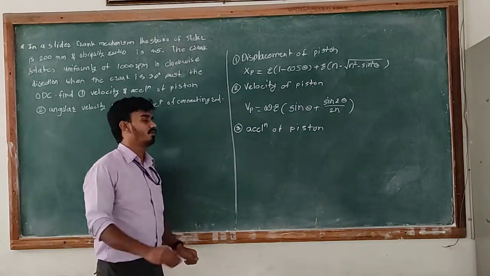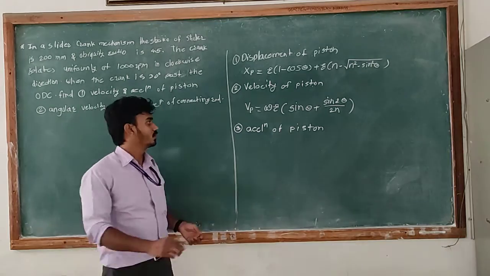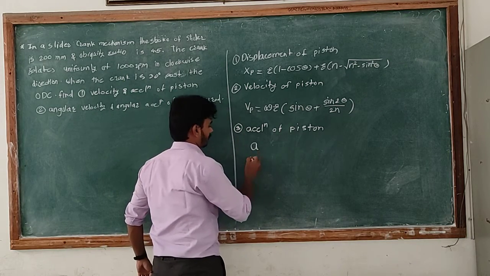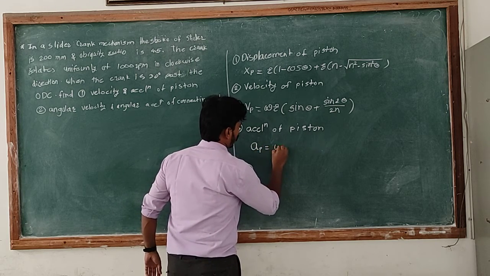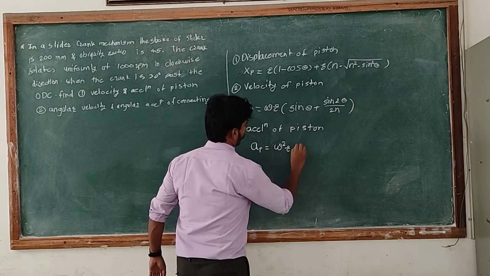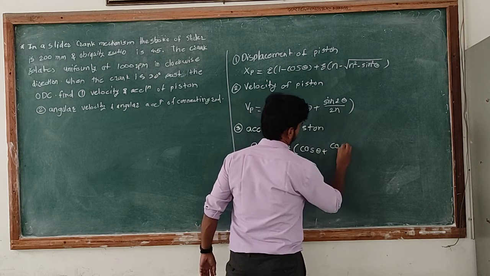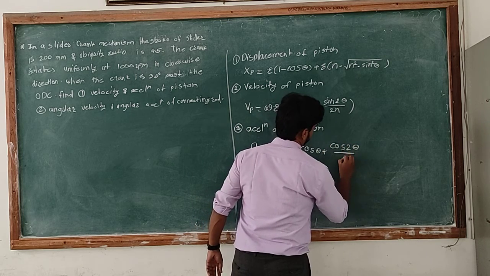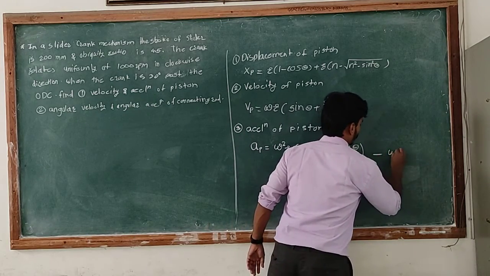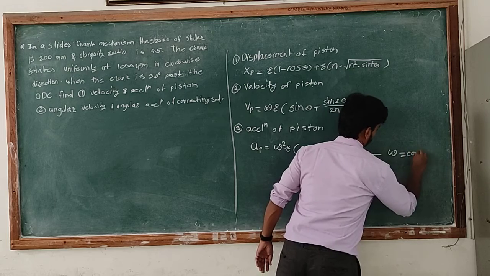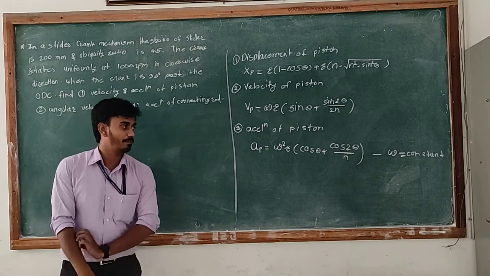The acceleration of the piston, ap, is omega square r into (cos theta plus cos 2 theta divided by n). For this condition, omega is constant, and when omega is constant we can write this formula.